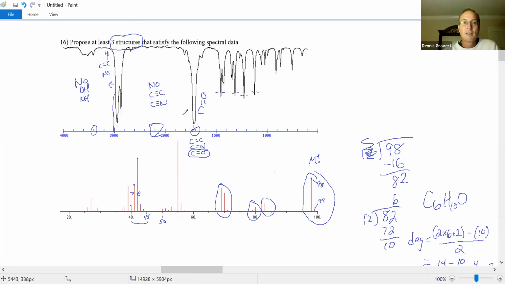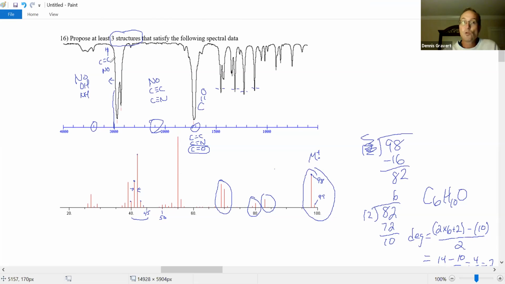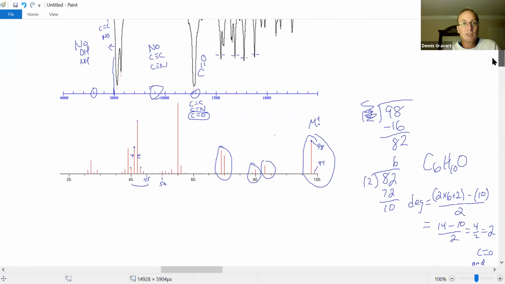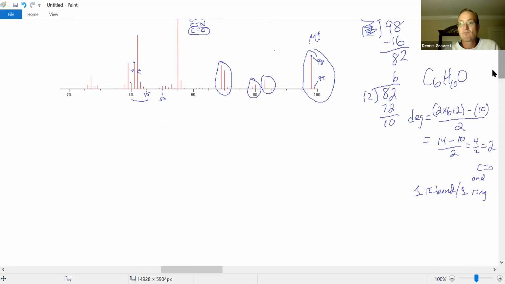So we're good. Oh, you could put in an alkene. Just make sure your alkene does not have a hydrogen on it, that would be legal. Otherwise, to be safe, let's just put a ring in there.